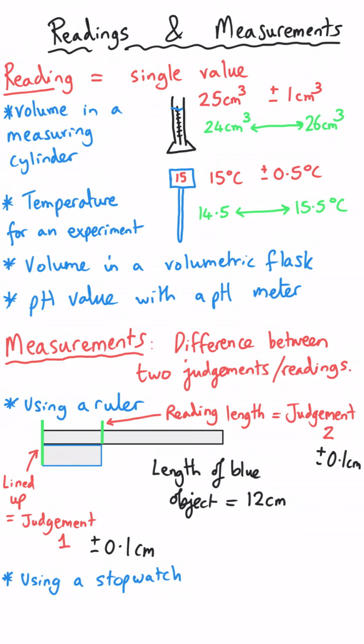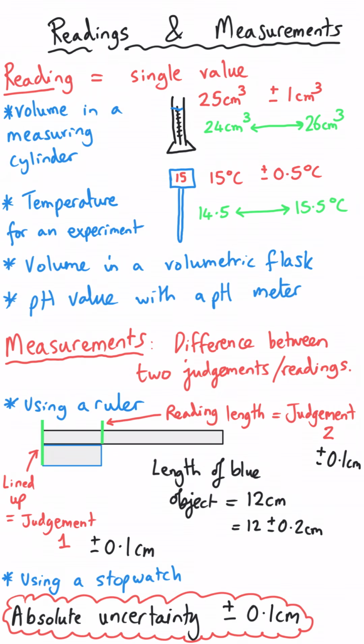And so that means that the measurement, 12 centimetres, has got an uncertainty of plus or minus 0.2 centimetres. What we have to do is double that, what's called the absolute uncertainty, and instead of it being 0.1, it is 0.2.